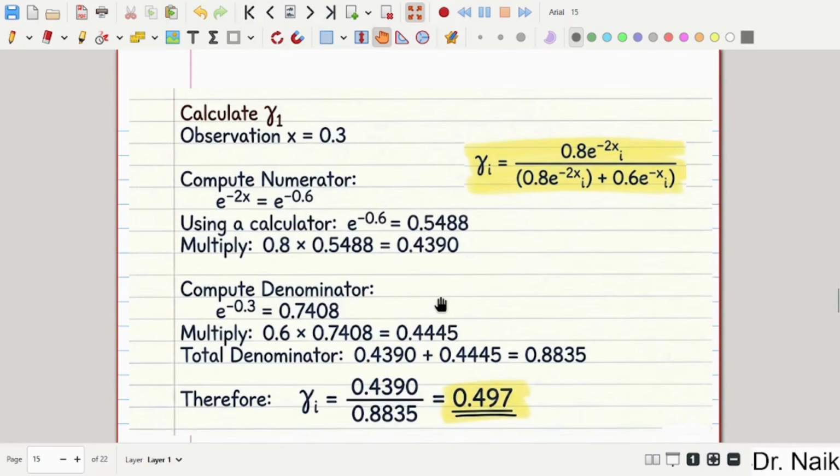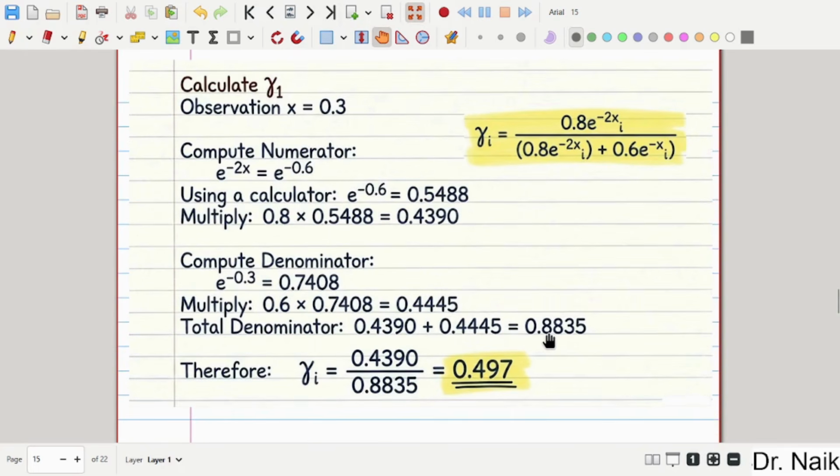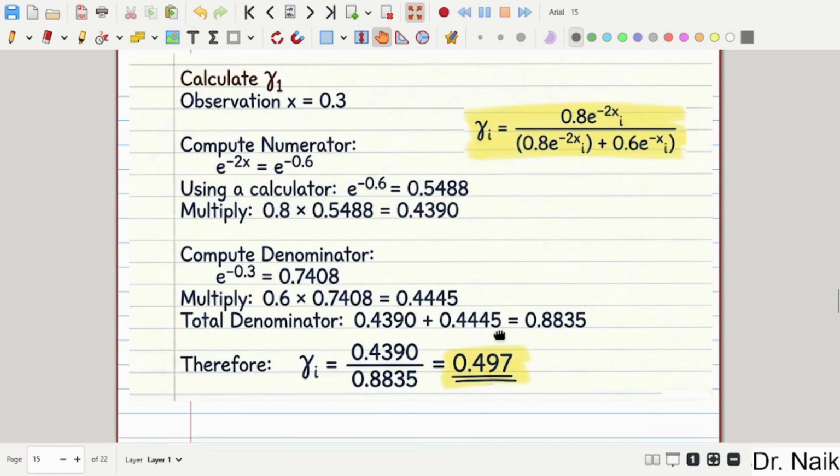Now calculate the denominator. 0.6 into e raised to minus xi. e raised to minus 0.3 is equal to 0.7408. 0.6 into 0.7408 is equal to 0.4445. So our total denominator is 0.8835. Gamma 1 is equal to 0.4390 divided by 0.8835, which is equal to 0.497.